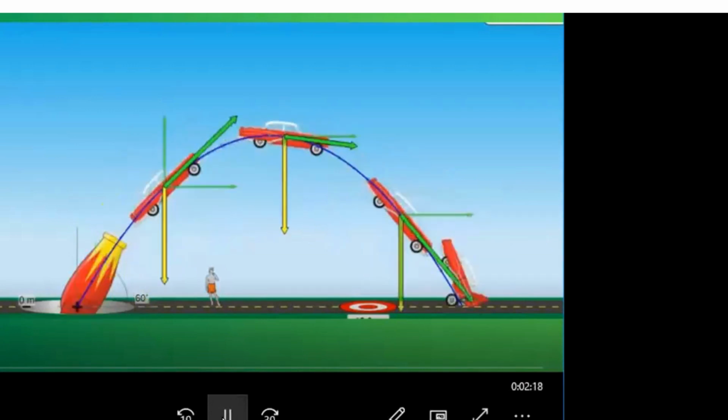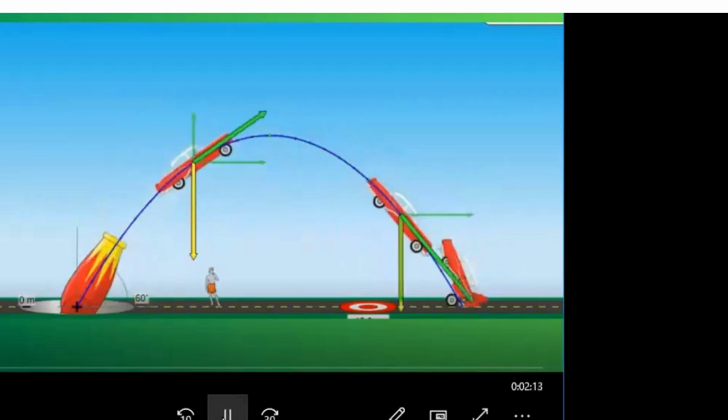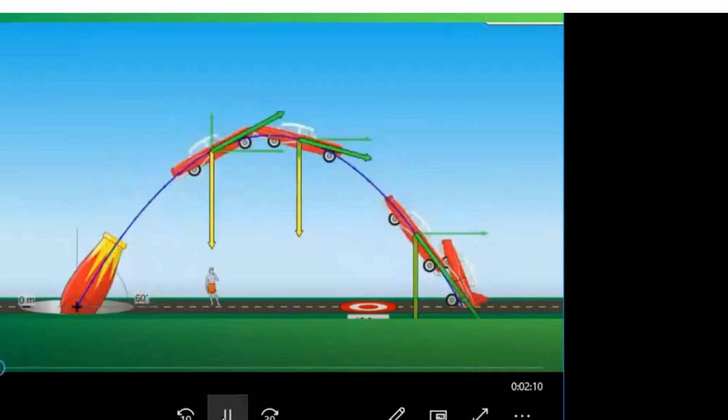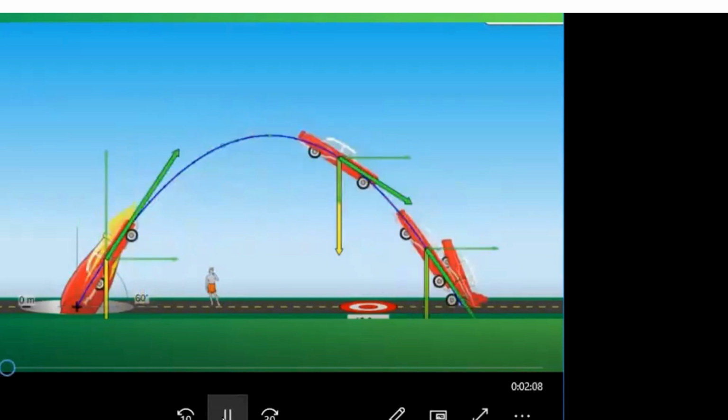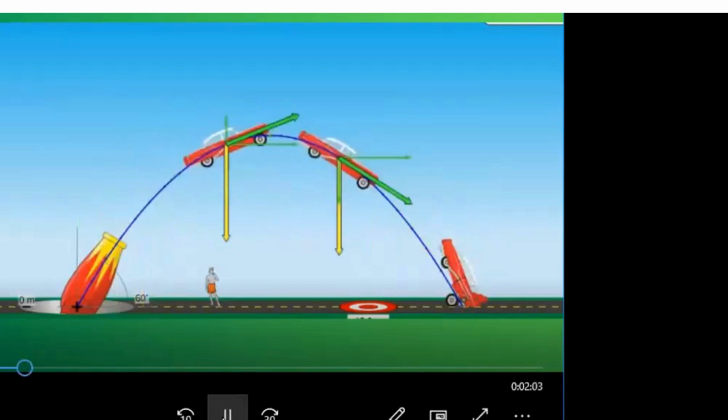You can see how the direction of the vertical component of the velocity changes, and the horizontal component of the velocity is constant. And the acceleration due to gravity is downward.